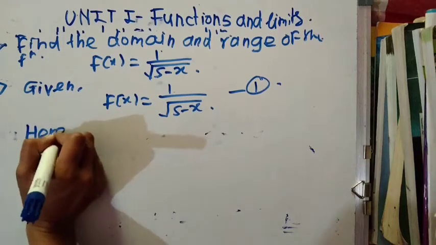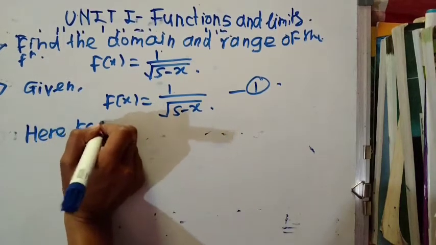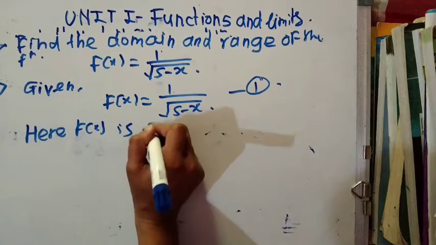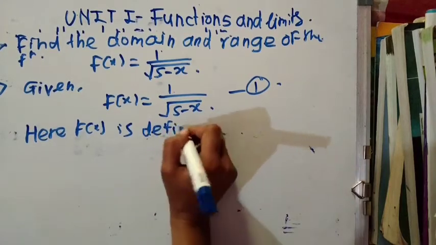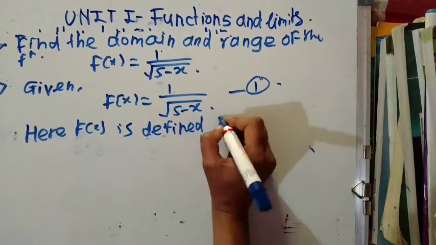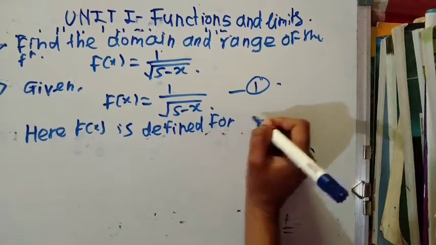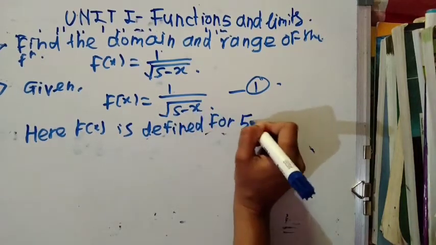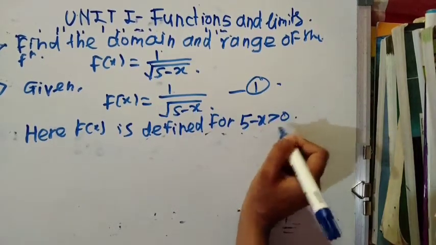Here f of x is defined for 5 minus x greater than 0.